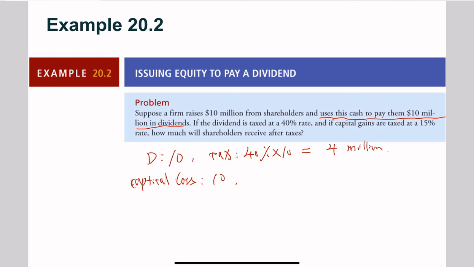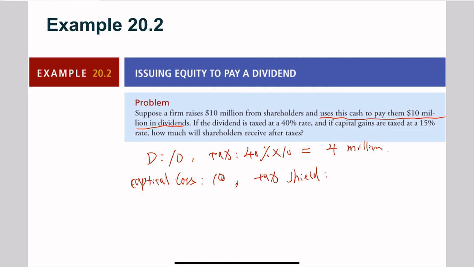So in this example, we have a similar result here. Investors will suffer from a $10 million capital loss. So there will be a tax shield from this $10 million loss. Now, what is the amount of tax shield? Well, we have learned about tax shield in previous chapters, when we talked about the interest tax shield, right?